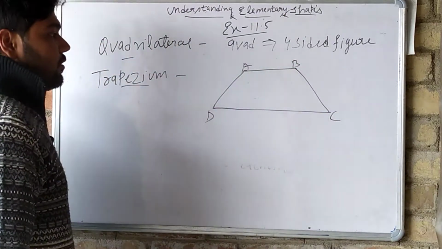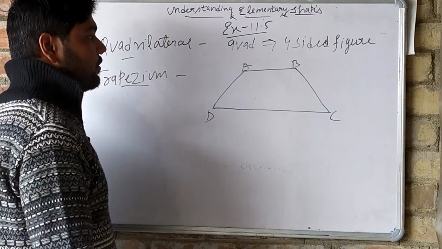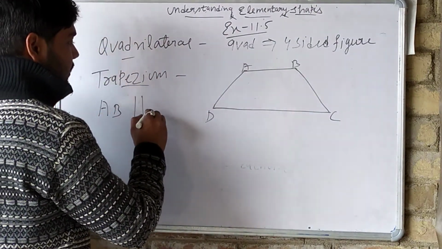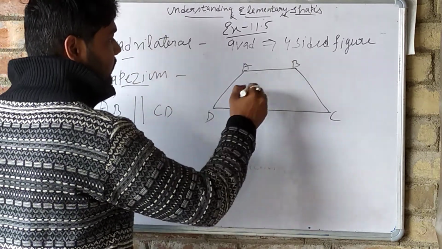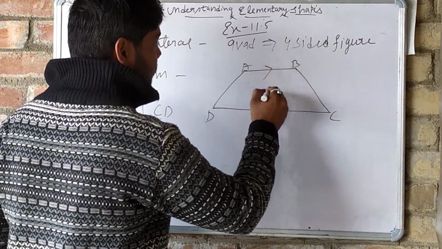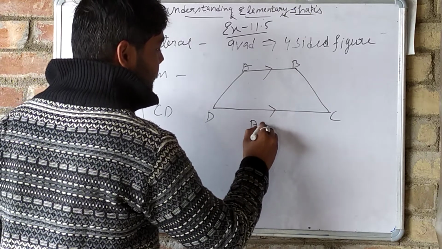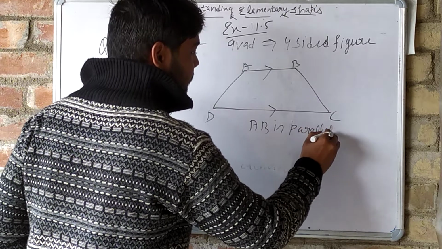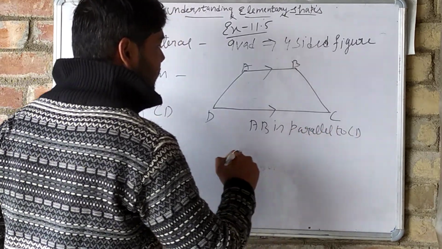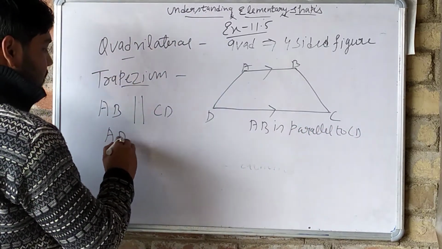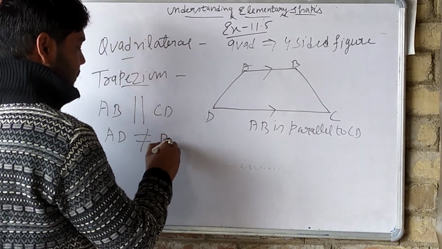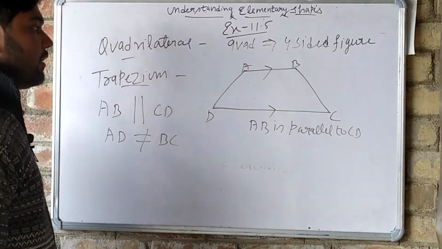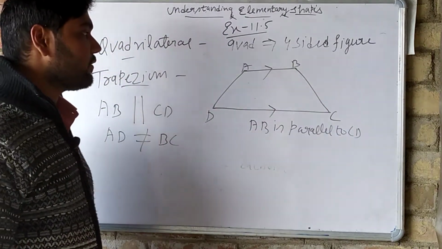This is a trapezium in which AB is parallel to CD, and AD is not equal to BC. So these are the properties of trapezium.